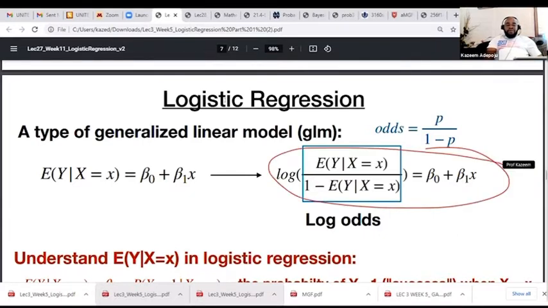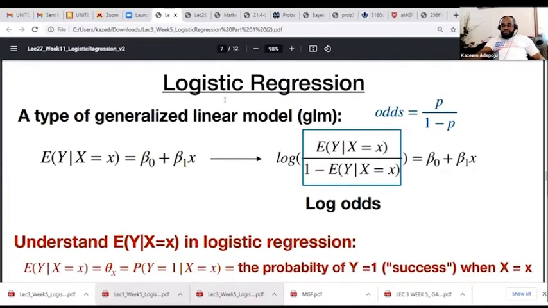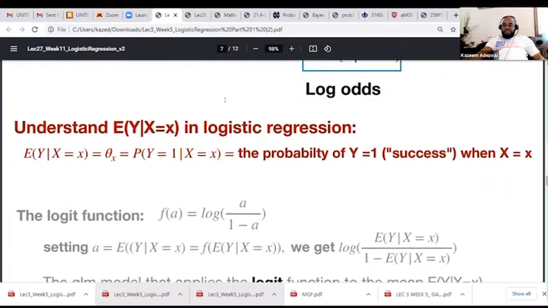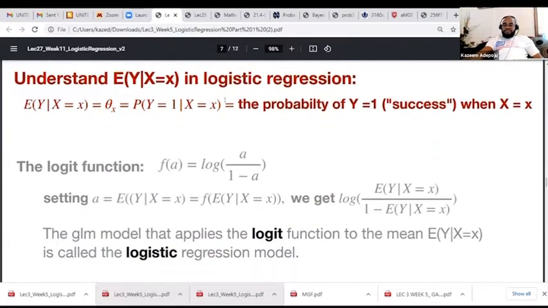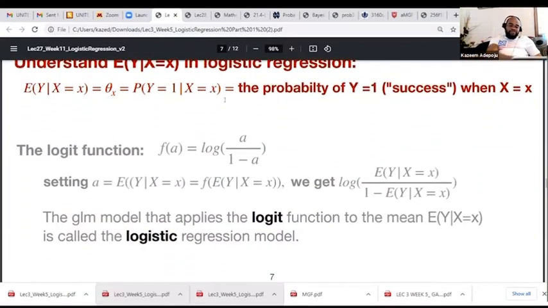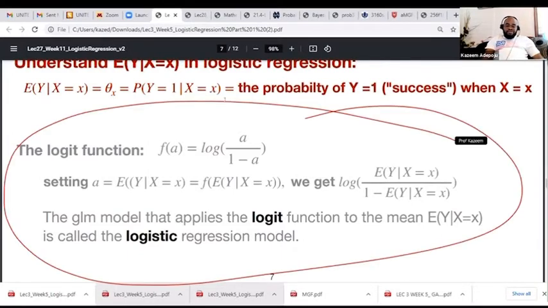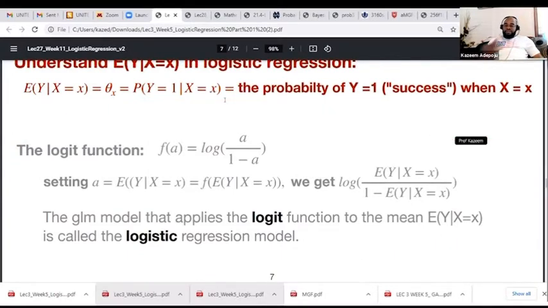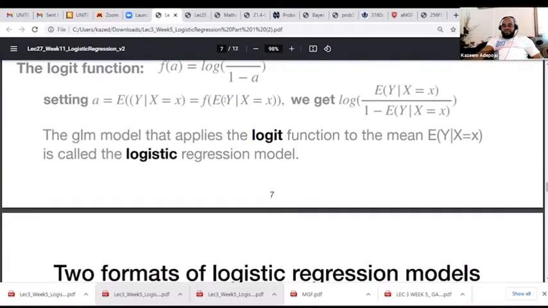We can also have it in probability form. I'm still going to show you what the probability form of logistic regression is going to be. So that is the model right now, and this is the transformation that I just explained, which is called the logit function.